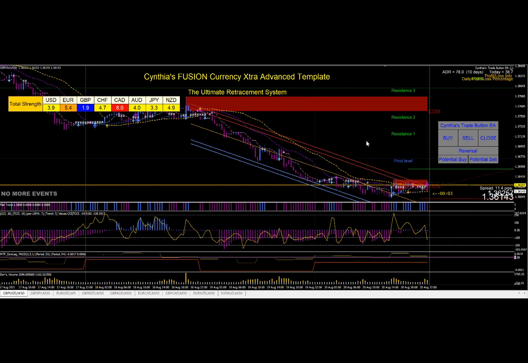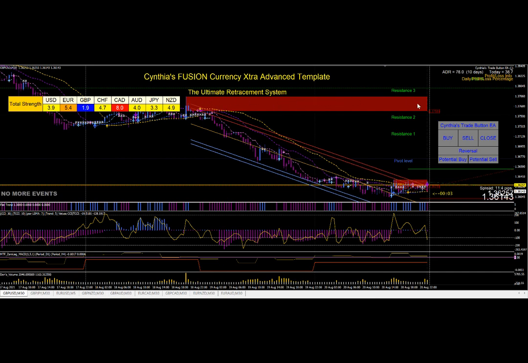So this is the pound US dollar in the 30-minute chart, and I'm going to point out the new indicators that are in the extra advanced template that are not in the basic or advanced templates. First of all, we have the red zone here, which is a resistance zone, and this is your blue zone, which is the support zone.